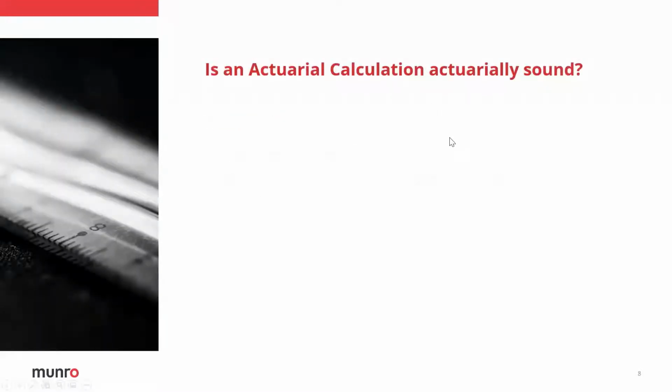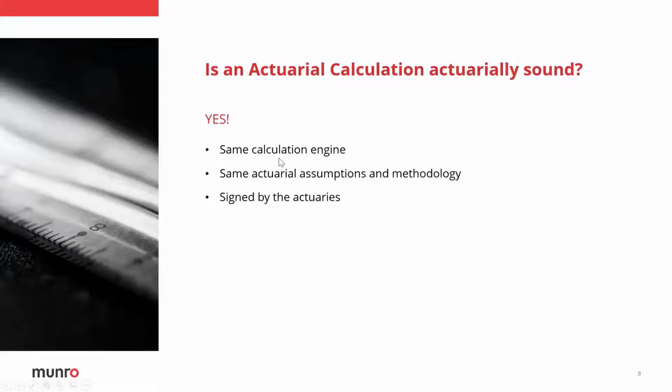So I would like to talk a little bit about the quality of the reports, because some of you might be thinking, if it's so cheap and so quick, how do I know it's of the same quality? Is it really actuarially sound? And our answer is a resounding yes. The reason for that is that it uses the same calculation engine, the same actuarial assumptions and methodology, and it is signed by the actuaries.